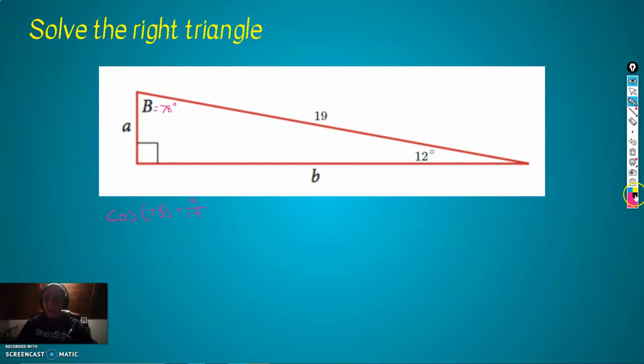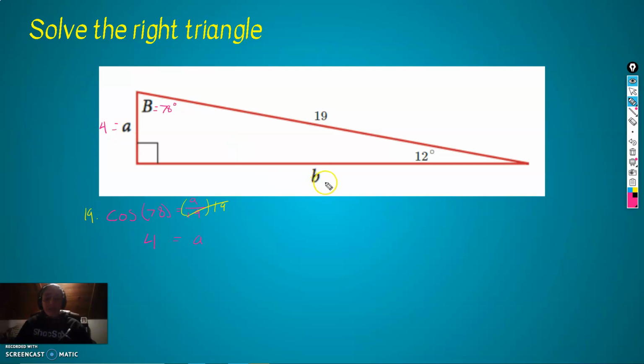Okay, multiply both sides here by 19, those guys clear, so we get that A is equal to 19 times cosine of 78. So 19 cosine 78, we get 3.95, I'm going to call that 4. So A is 4, and I've heavily rounded here.